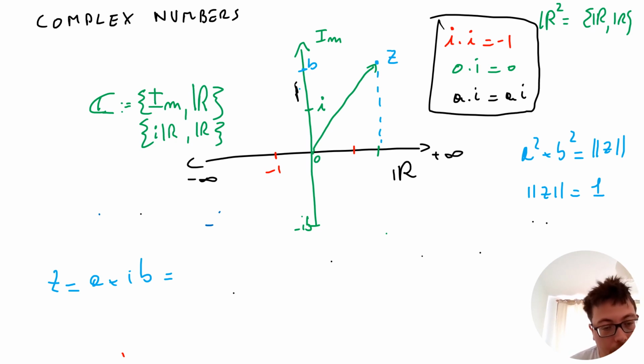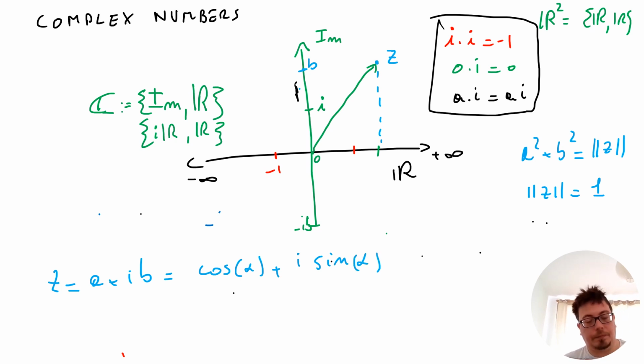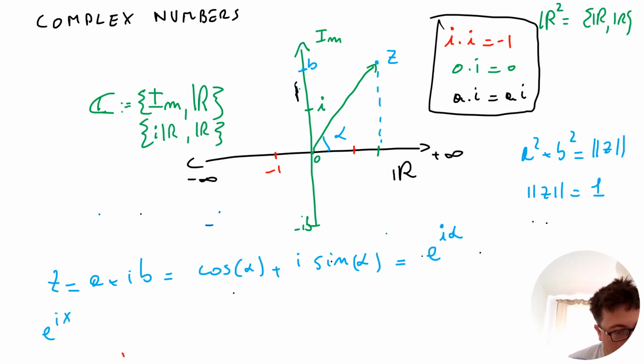So this can be thought of as the cosine of an angle plus i sine of an angle. I will go through the derivation another time, because I don't want to do it now. And believe me, it can be written as a to the e to the i alpha, where alpha is the angle. This is fantastic for many reasons.